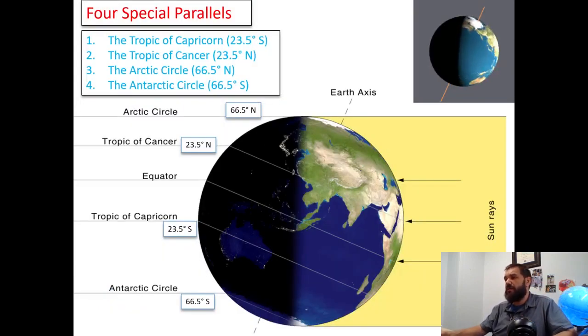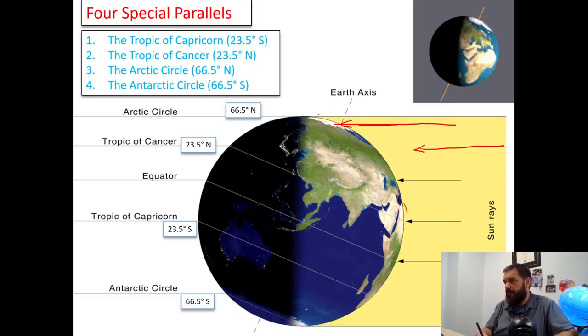This is a picture of how the sun's rays strike the Earth during the summer solstice. Notice that the sun's rays are coming in, they're all parallel, all coming in like this. Notice that they strike the Earth at different angles.